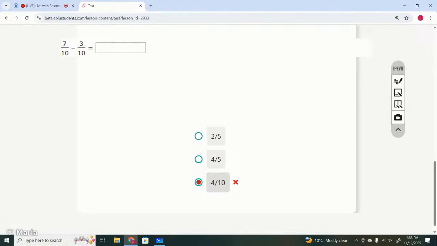Oh, you can simplify the answer, right? You need to write down the answer in simplest form. So that is 2 by 5. Option number 1 is the correct option. It would be 2 by 5.